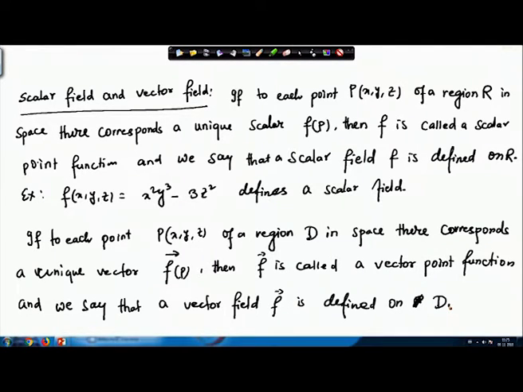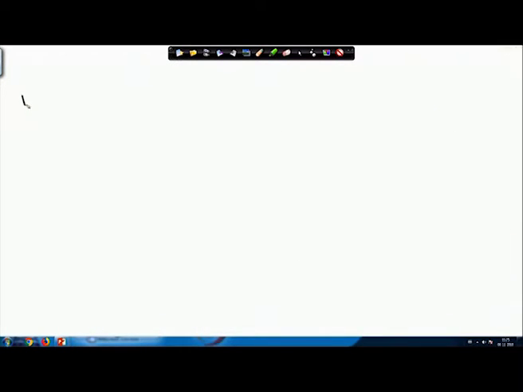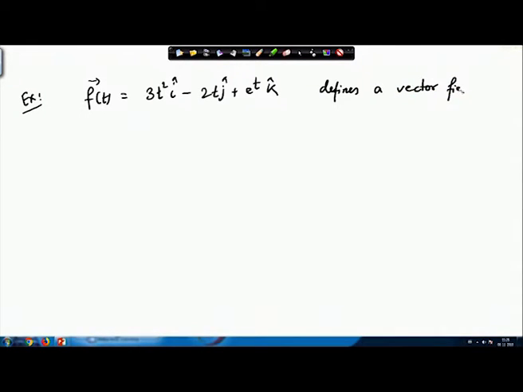So, that is how we define a vector field, and a possible example could be, let us say, f(t) equals 3 t square i minus 2 t j plus e to the power t k. So, this defines a vector field on the given domain.